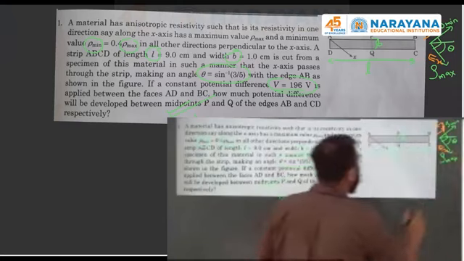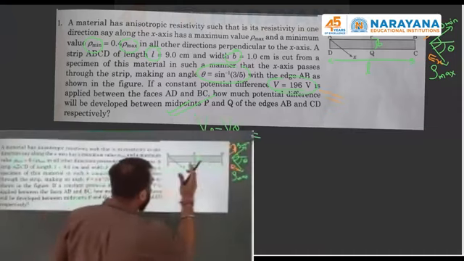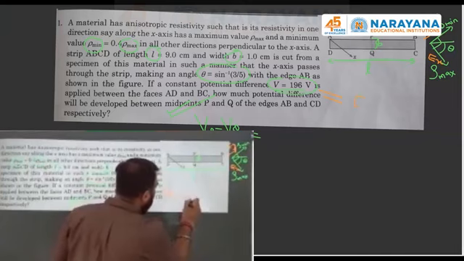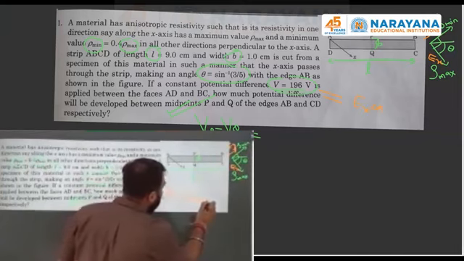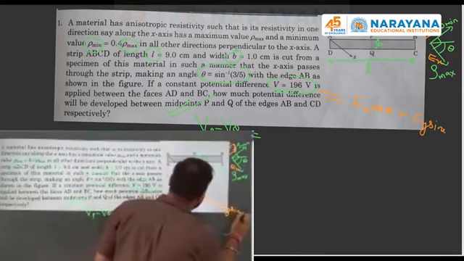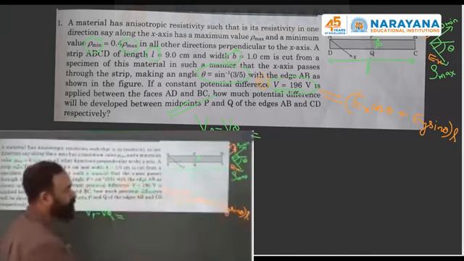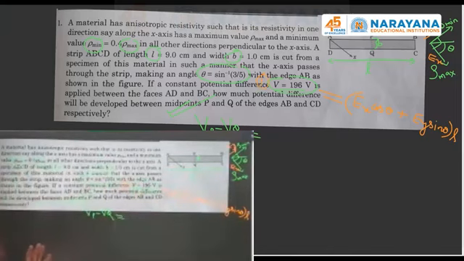So my net field along the direction VAD to VBC is EX cos theta plus EY sin theta, and this net field multiplied by distance L will provide me a voltage V. EX and EY are unknowns, don't worry.